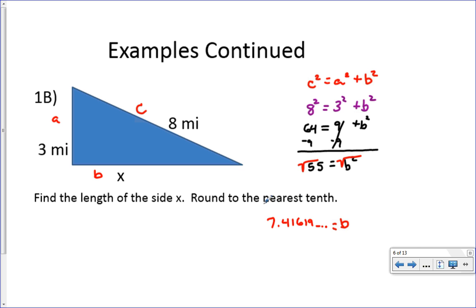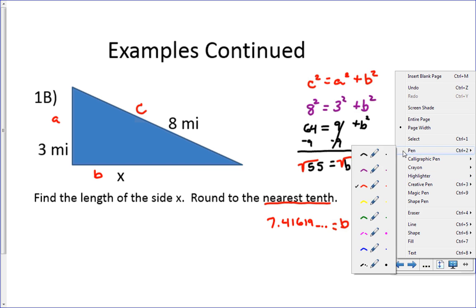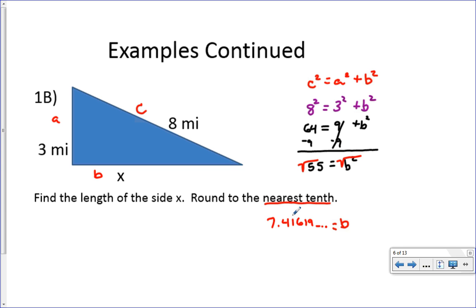Fortunately, we have some instructions. It says round to the nearest 10th. If I round to the nearest 10th, just a quick review, that means I need to cut the number off after the 10th place. That doesn't mean I just chop the number off and get rid of it. I have to look at the number behind it and say, is this number behind it, the number 1, 5 or above?